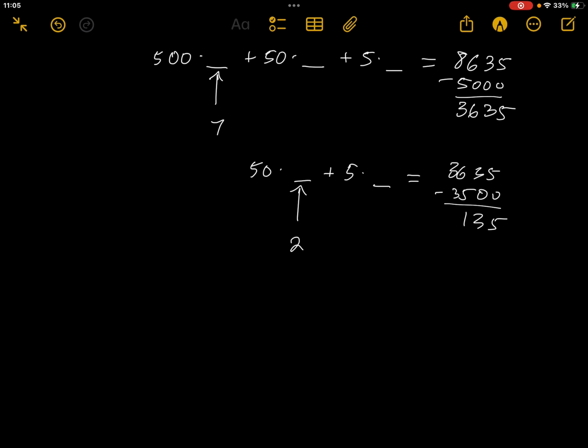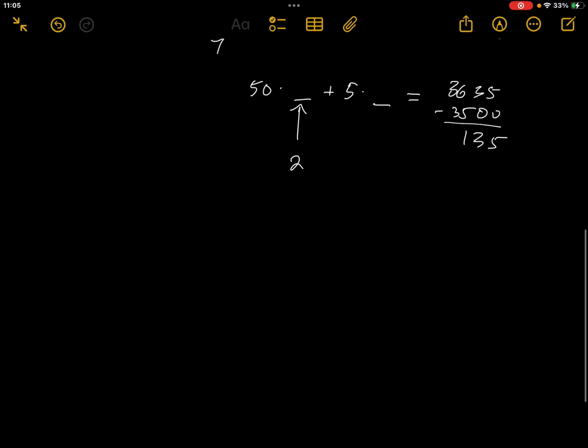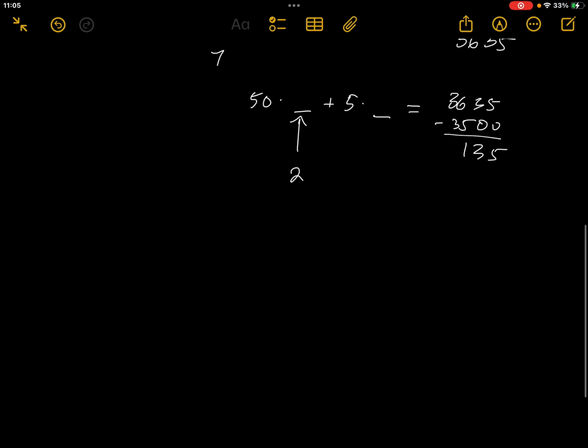2, because 135 is between 100 and 150. Now I'm going to subtract both sides by 50 times 2, which is 100. I get 5 times blank equals 135 minus 100, and that's 35. So what's the last number that goes here? 7, because 5 times 7 is 35.